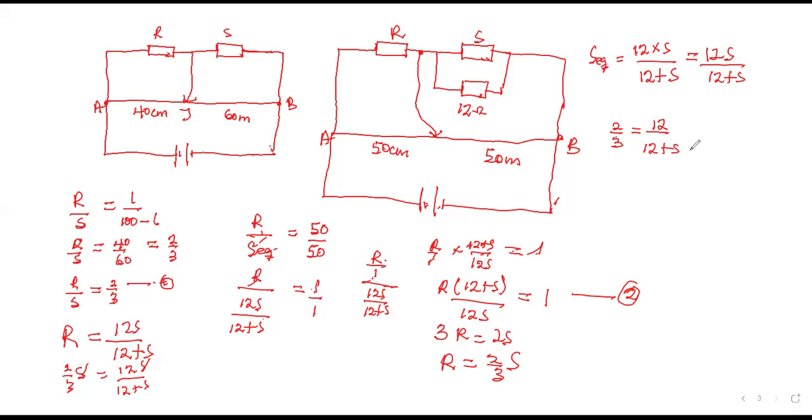Where should the free end of the galvanometer, which refers to the jockey, be connected on AB so that the galvanometer shows no deflection? Let me give you the diagram.